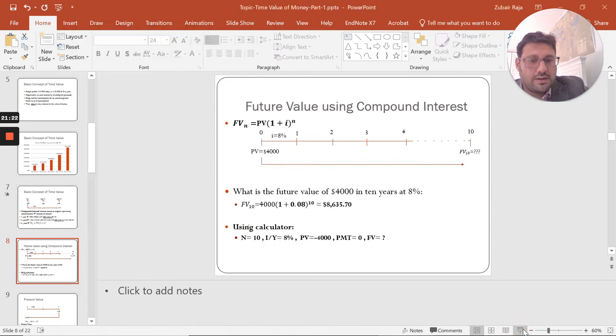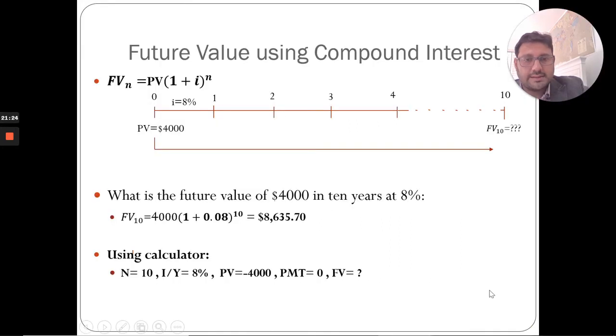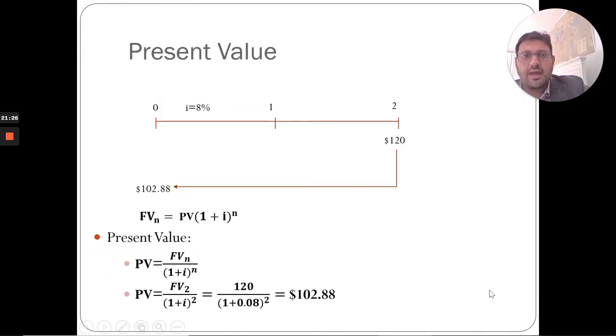So let's move on and see what the concept is if I want to find the present value. Let's suppose someone comes to you and says, look, I have an investment option for you in which you can get $120 after 2 years, at an 8% rate.